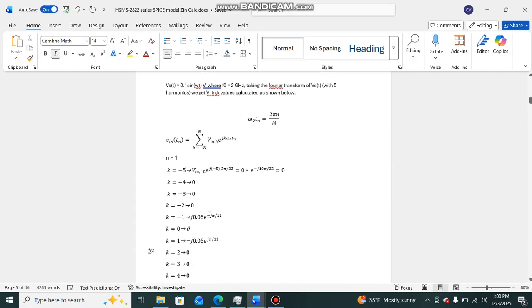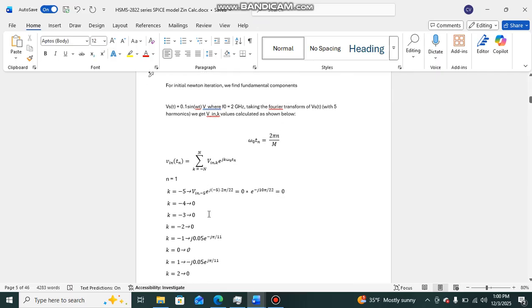So in Newton's iteration process, we set all the harmonics that are multiples of that frequency to 0, because we don't know what they are, but we do know what the fundamental is at 2 gigahertz.